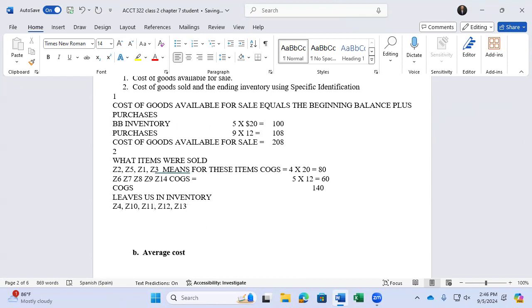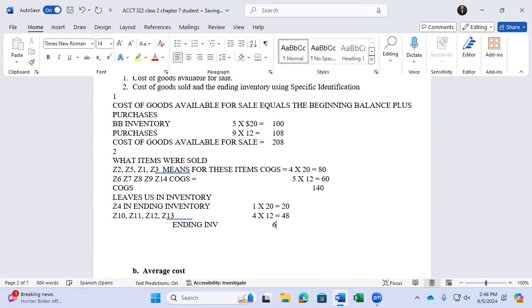What I want to do is separate them out by the purchases. So this would be in ending inventory: 1 times 20, and then 4 times 12, which is 48. And so ending inventory should be 68.